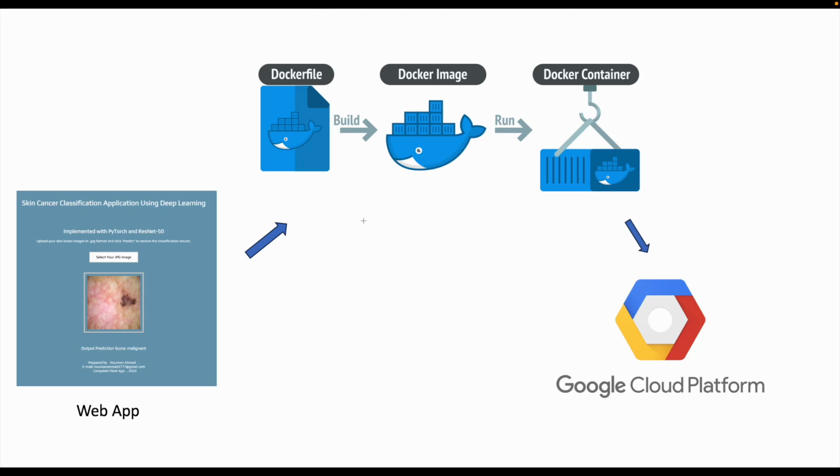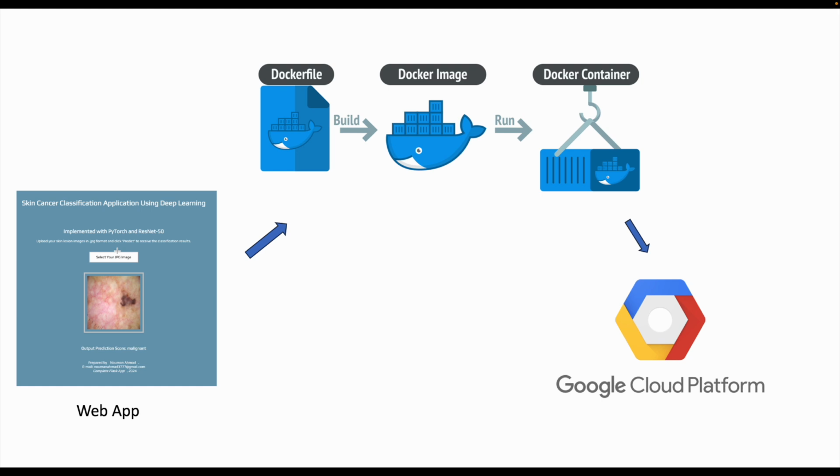Hello guys, in this video we are going to see how we can deploy a Flask web app to Google Cloud platform. As you can see here, we have a Flask web app for skin cancer classification detection using deep learning.